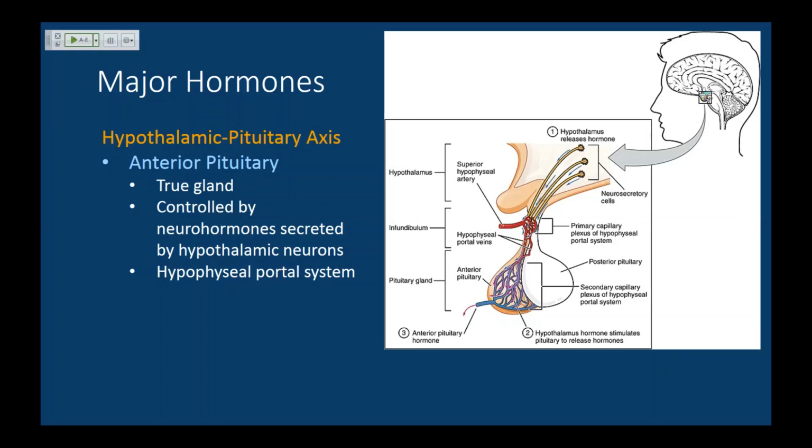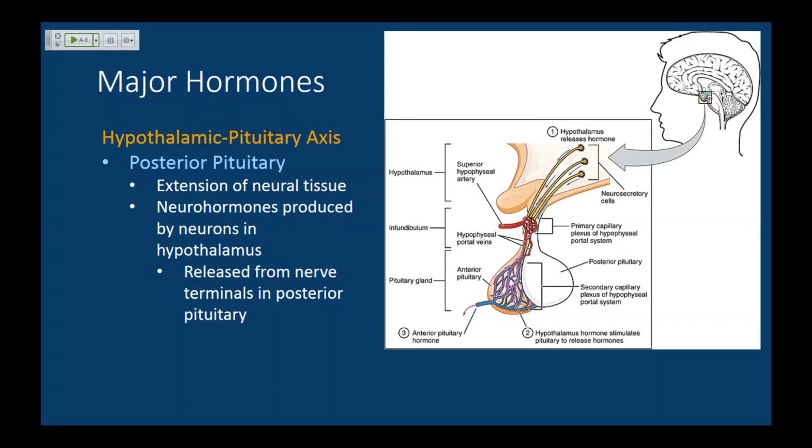Okay, so that's the anterior pituitary. We'll come back to it. The posterior pituitary is the other half of the pituitary, and this is very different in that it's not a true gland. It is rather an extension of neural tissue from the hypothalamus.